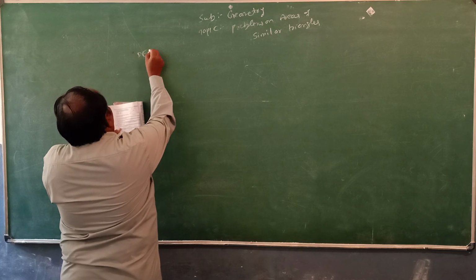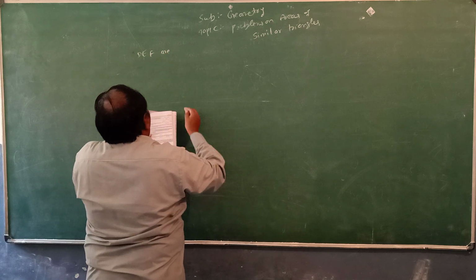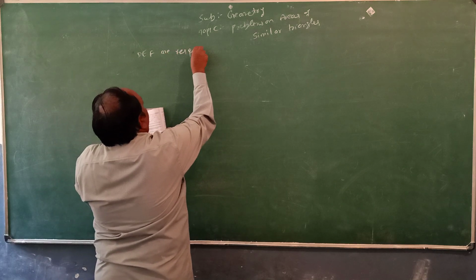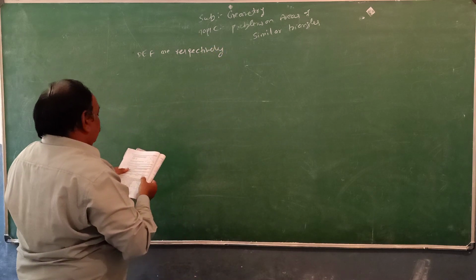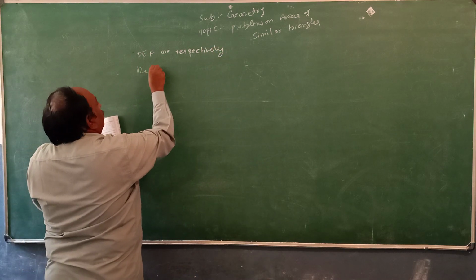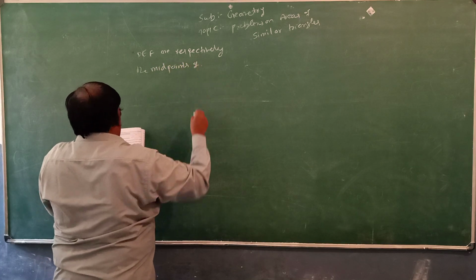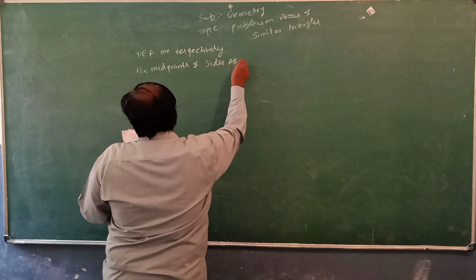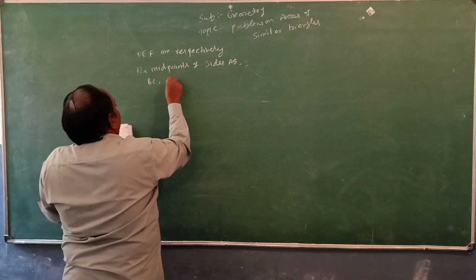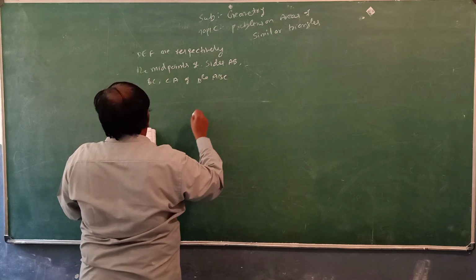D, E, F are respectively the midpoints of sides AB, BC, CA of triangle ABC.